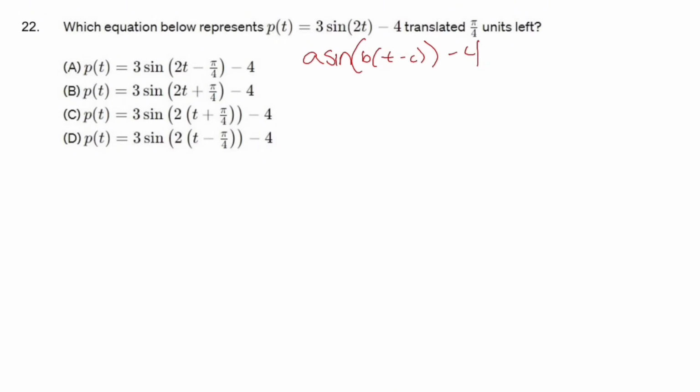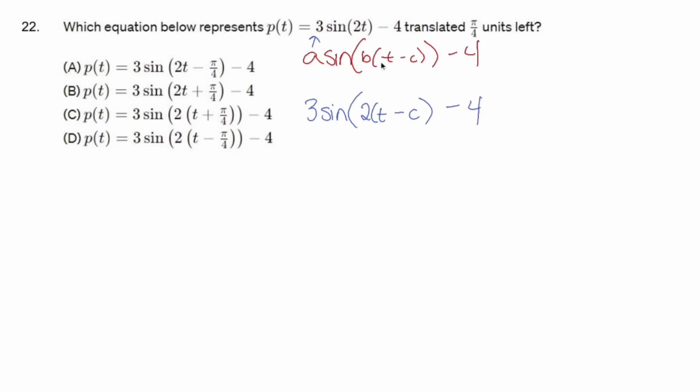Well, what do we have? We have a is 3, so we have 3 already. We have sine. What I'm going to do is separate the t and the 2 with parentheses, so we're basically pulling this out. Now that gives us frequency. We don't know what c is, although we do, but we don't know what c is.